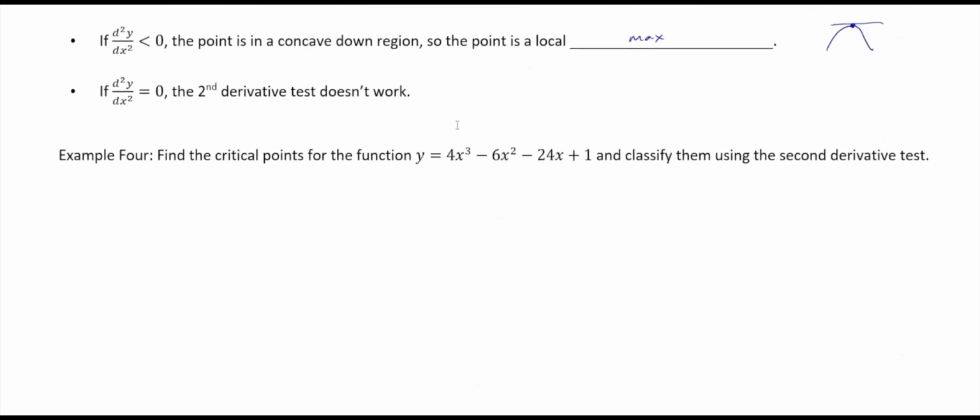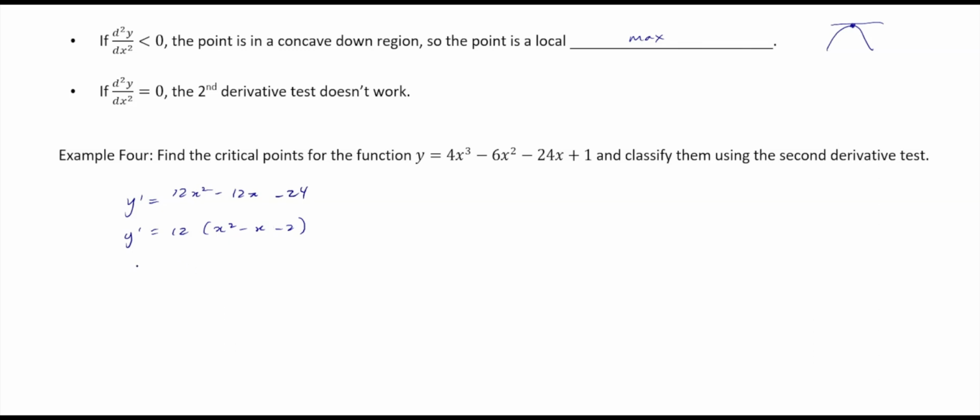So we're going to find the critical points for this function right here and then classify them using the second derivative test. What I'll do is find y prime, the first derivative. Note that there are no restrictions to this cubic function. y prime is equal to 12x squared minus 12x minus 24. Again, I'm going to factor this out. I think we've seen this one before.